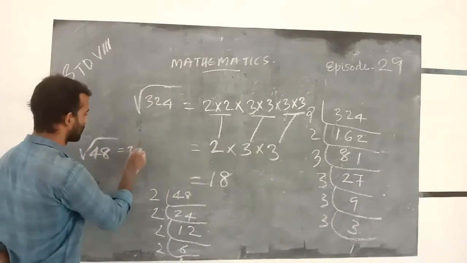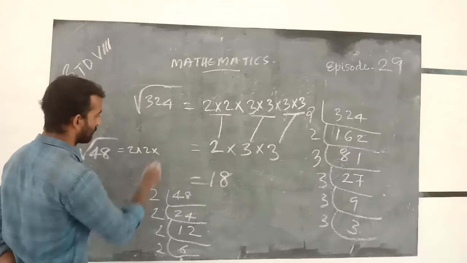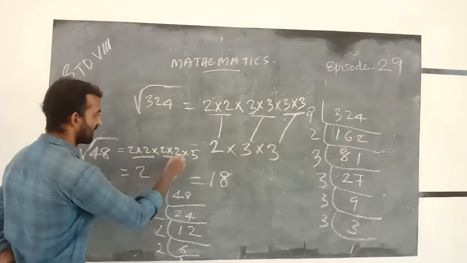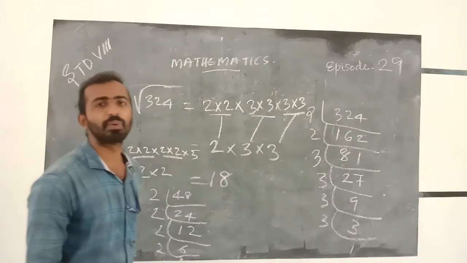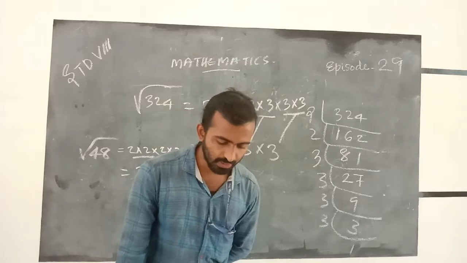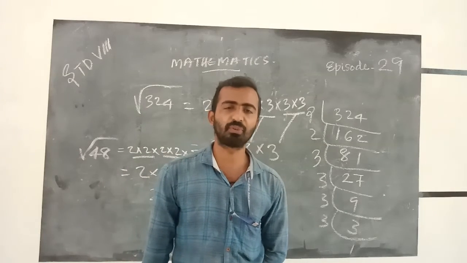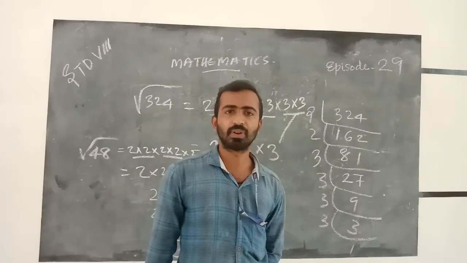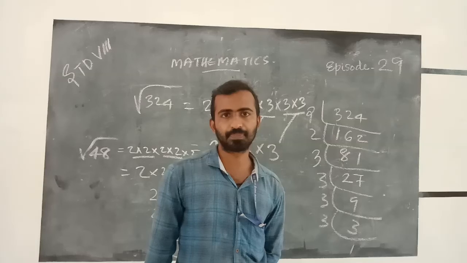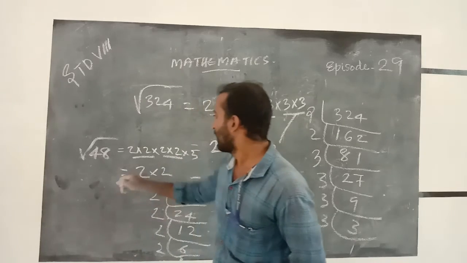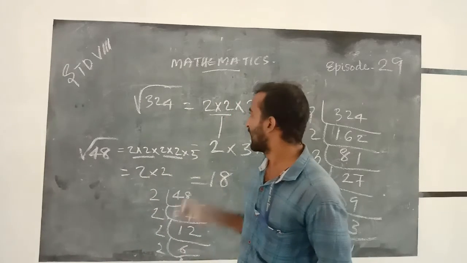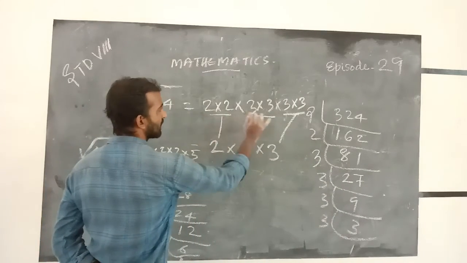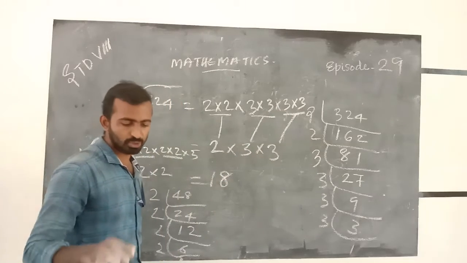We can write it as 2 into 2 into 2 into 2 into 3. Here there is no pair for 3, so it is not a perfect square. 48 is not a perfect square, so its square root we can't find. If it is a perfect square, we get the prime numbers in pairs.